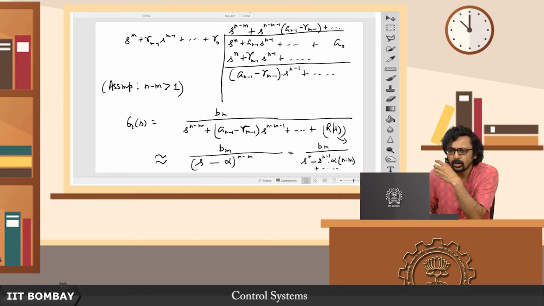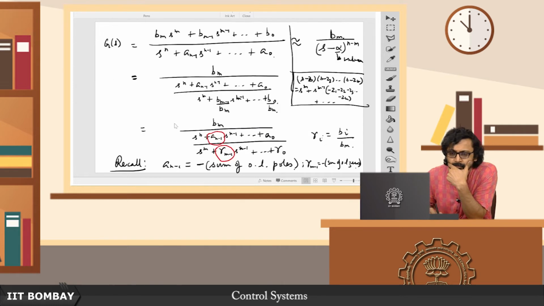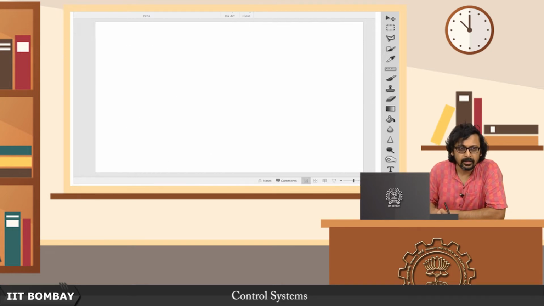So what do those first two terms tell us? This is going to be alpha s to the n minus 1. Here we have gamma_m. So equating the first two terms will tell us that we have n minus m times alpha. Remember, alpha is what we are trying to evaluate.